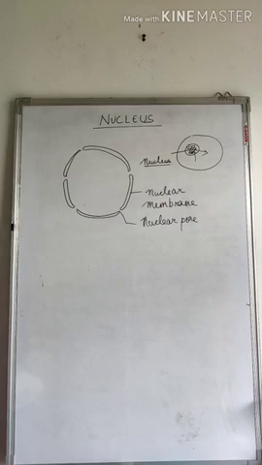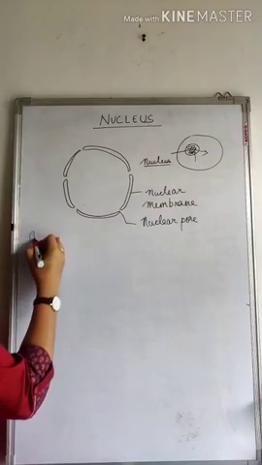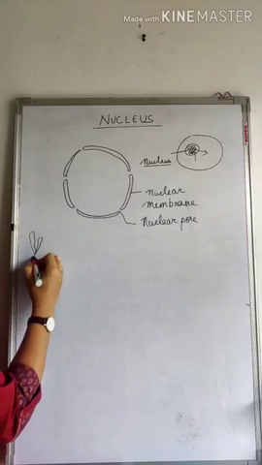Okay, now the nucleus contain chromosome actually. Okay, the nucleus contain chromosome, but chromosome will be visible only when the cell is about to divide. Okay, human chromosome has some rod like structure like this, right?